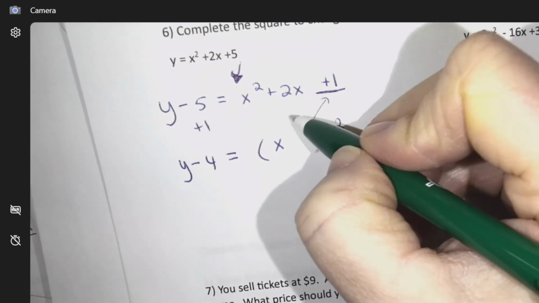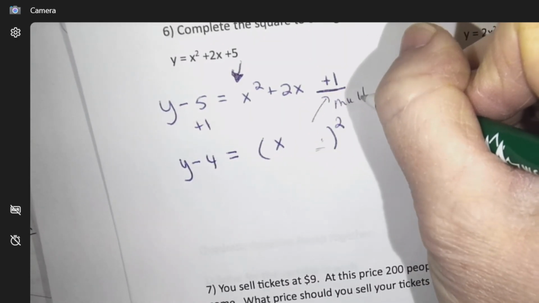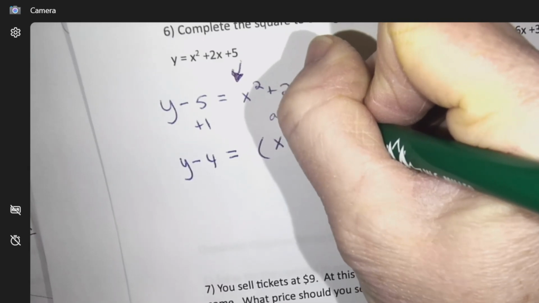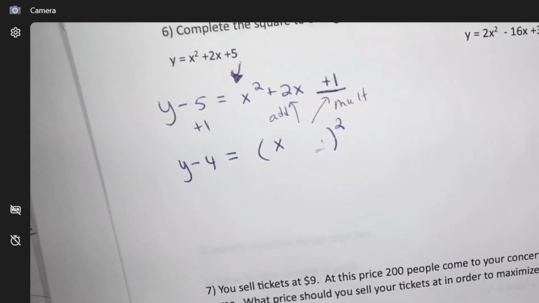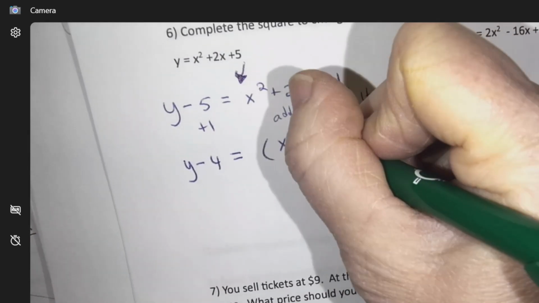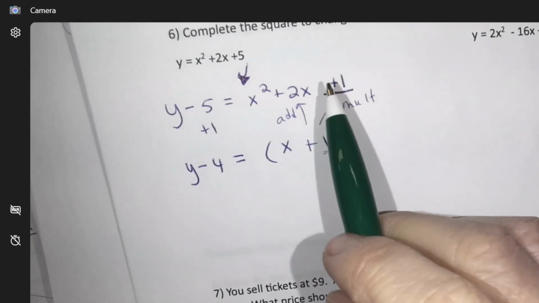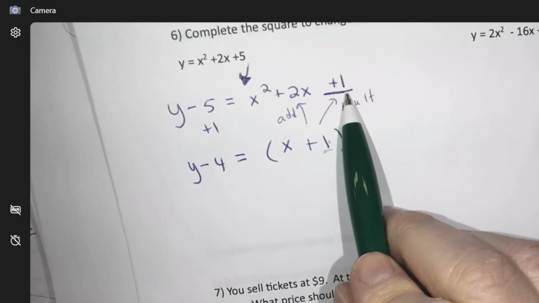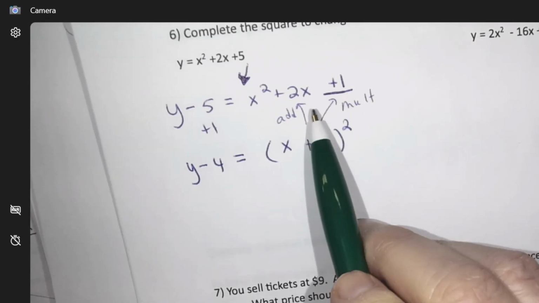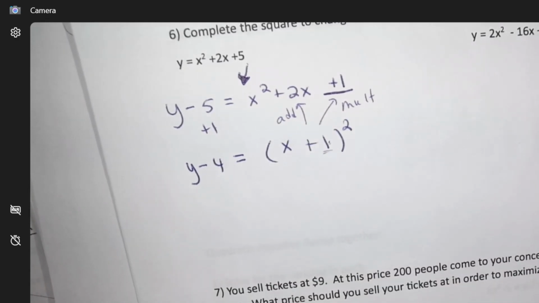What multiplies to that and adds to that? What times what is 1? And 1 plus 1 is 2, right? So this, when I say multiplies, it squares. And when I say add, it actually doubles, right?